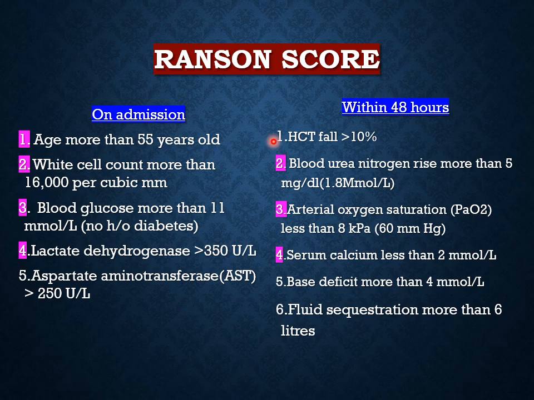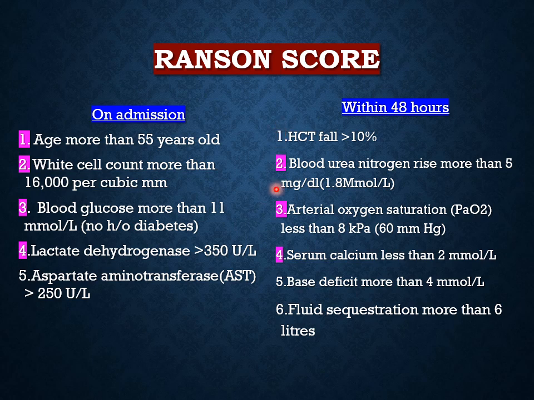A fall in the hematocrit, blood urea nitrogen elevation, a decrease in arterial saturation, a fall in serum calcium, an increase in base deficit, and fluid sequestration of more than 6 liters.